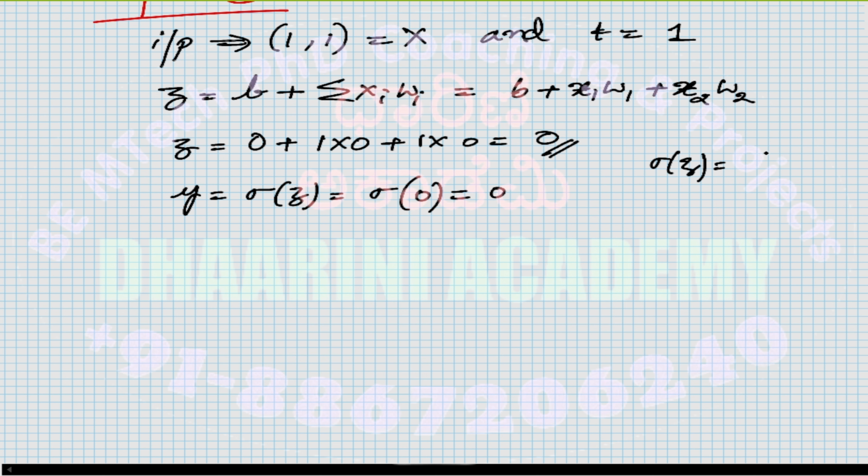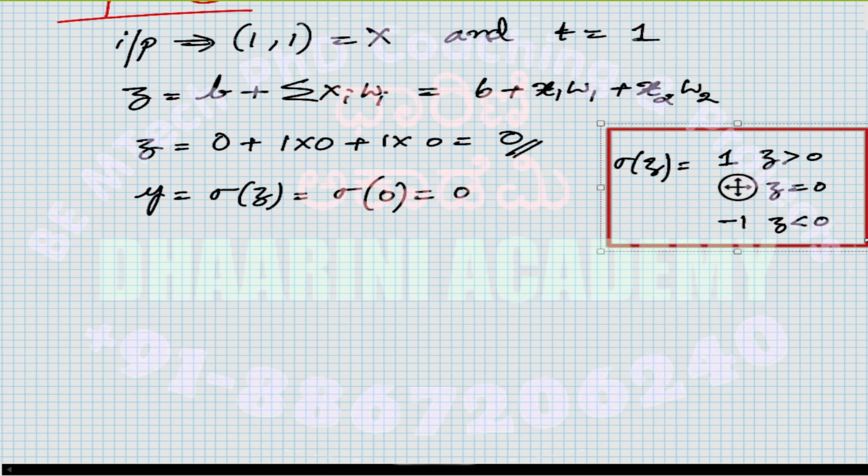Now theta is 0, because of which this sigma of z is 1 for z greater than 0, this is 0 for z equal to theta, theta is 0, and this is minus 1 for z less than 0. So this is the modified sigma that we are going to use here.